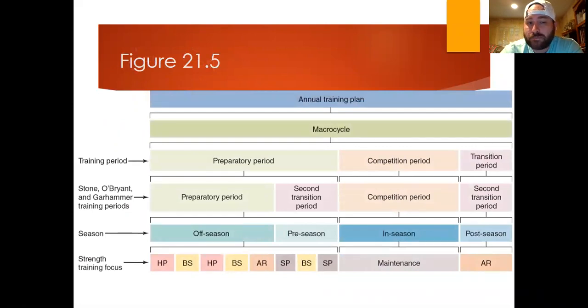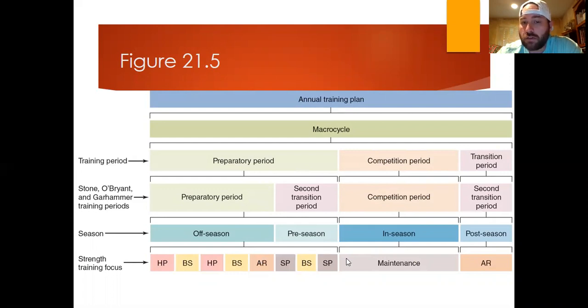So if we're looking at annual training plans, if you look at our macrocycle, again, it's the beginning to the end. We have our prep period, that's the off season. During that time, we're looking at hypertrophy, basic strength, and power. Then we get into the preseason, that's strength and power.